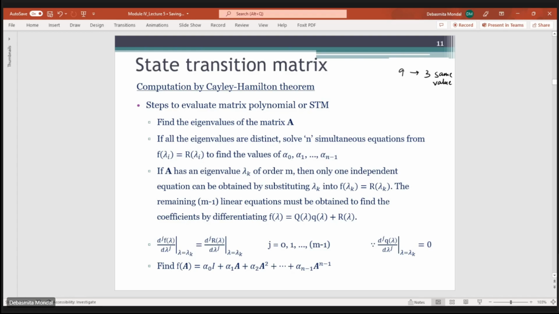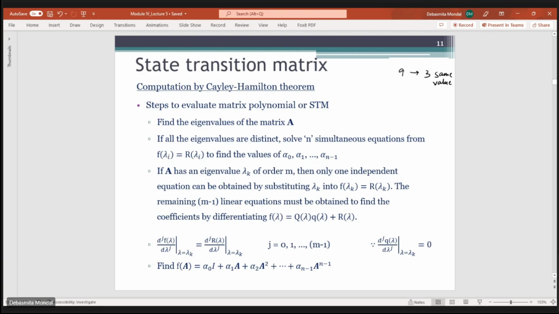If you have an eigenvalue lambda k of order m, where m is equal to 3 in this case, then corresponding to these m eigenvalues, you will only have one independent equation by substituting this value of lambda k in the equation f of lambda is equal to r of lambda, right?